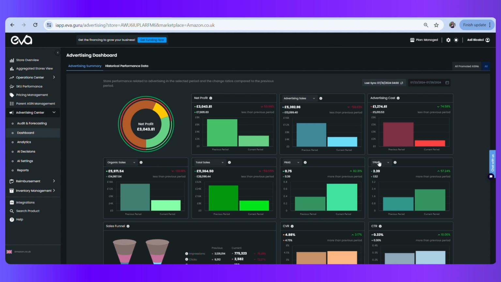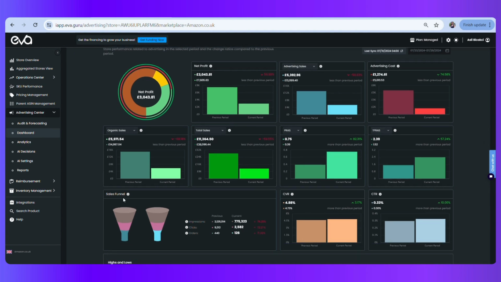But on the other hand, with total PROS, the customer spends $1 to get $2.39. So the total PROS is usually higher than the PROS. It has to be. But sometimes, if there is an excess inventory fee or any other fee higher in the non-advertised products, we can observe the vice versa.